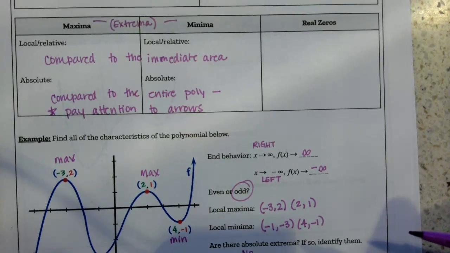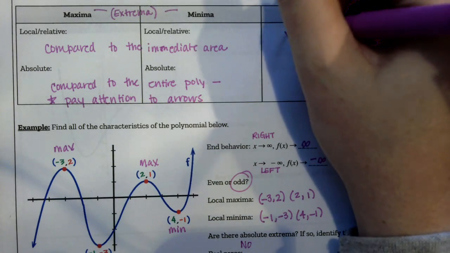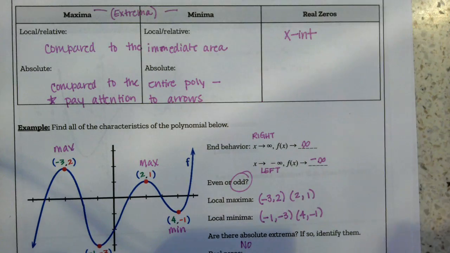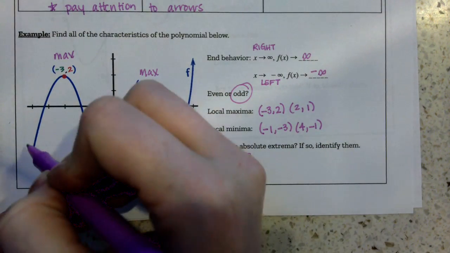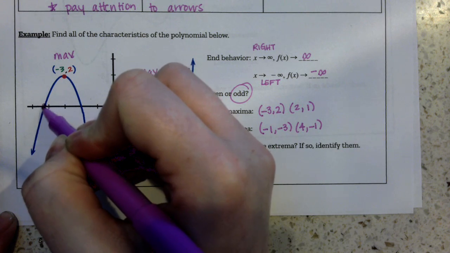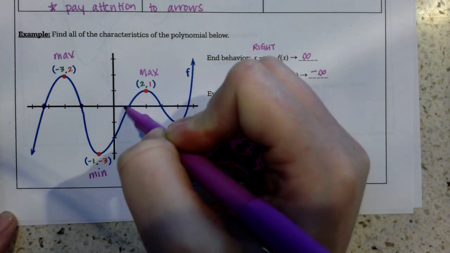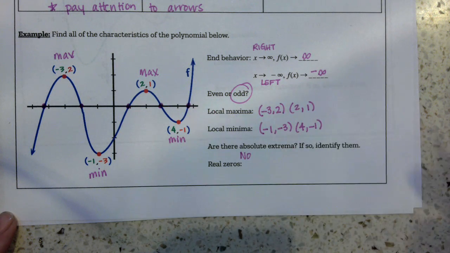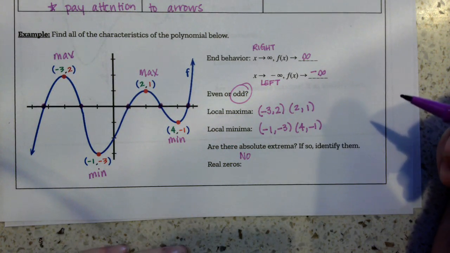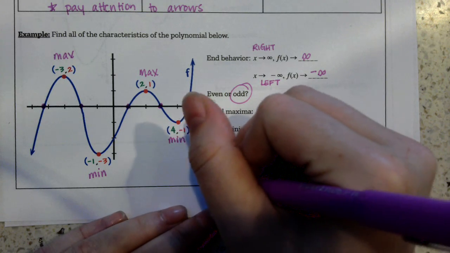Our last characteristic is our real zeros, which are our x-intercepts, just like last unit. We're just going to have more of them. I go along my polynomial, and every time I touch the x-axis, that is a real zero. We're going to write all these as coordinate points. There are 5 of them. Some of them are decimals, so make sure that you estimate as close as you can. This first one is probably like negative 4.2.